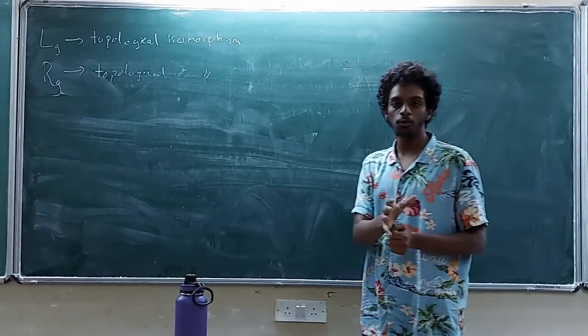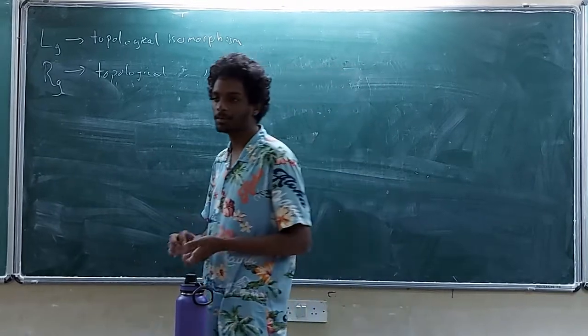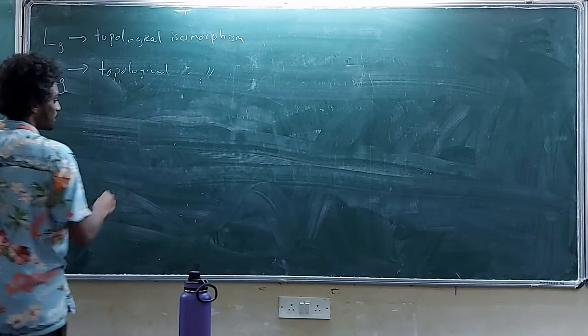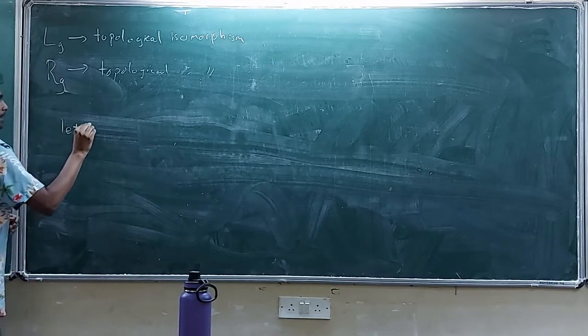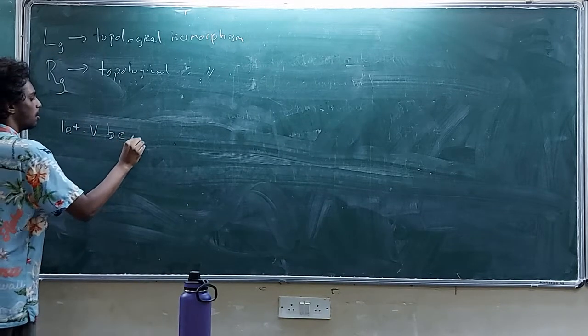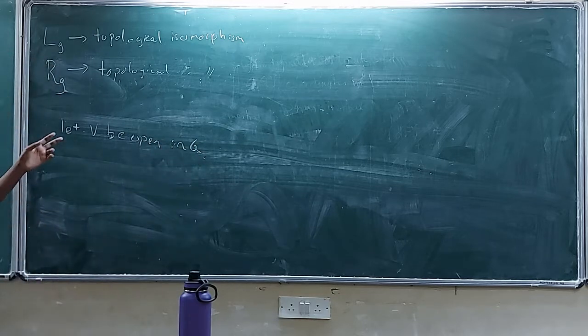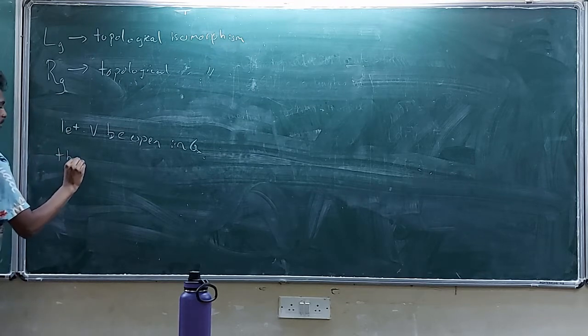So a lot of new open sets can be generated from these very open sets that we have. And this is extremely powerful, because what are we doing now? Let V be open in G, then any coset, so as to speak, of V is open in G. It's a completely new set, because V is not equal to gV unless g is identity, because these are injective actions on groups.